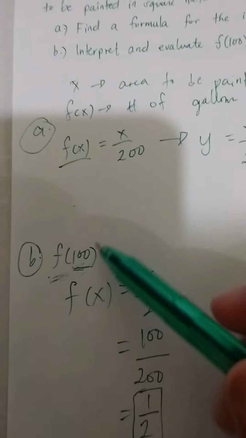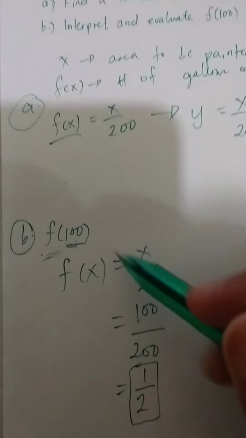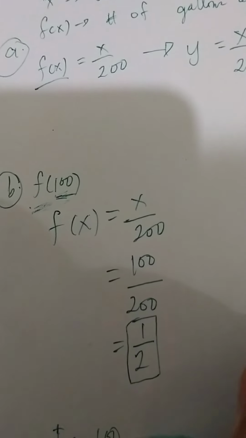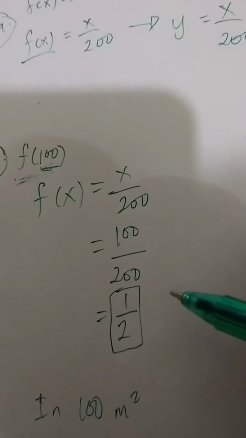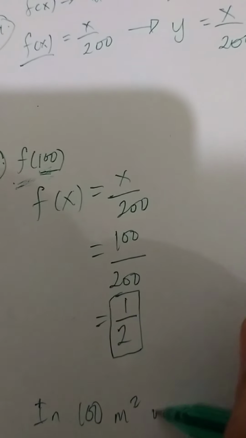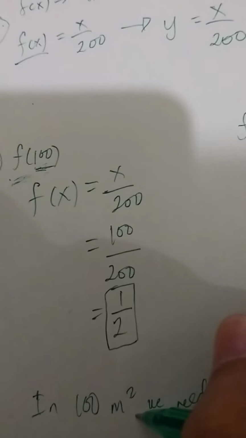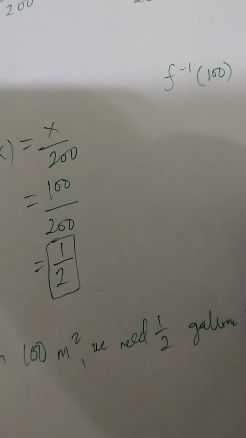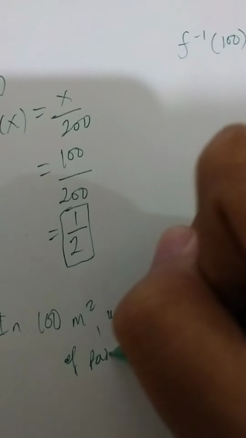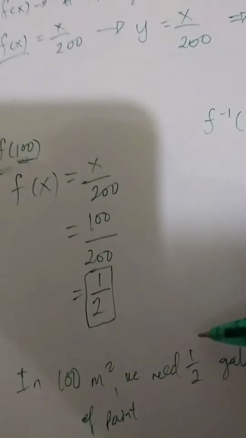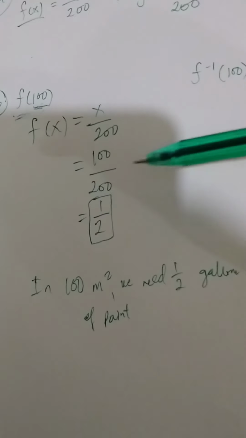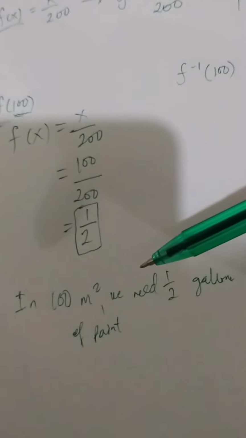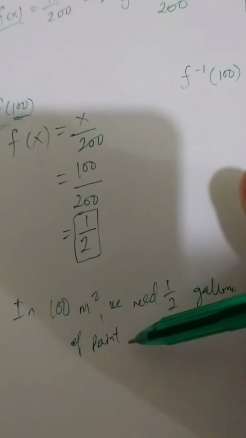If the area is 100 square meters, we need 1/2 gallons of paint, since our output is the number of gallons of paint. Again, in 100 meters squared, we need 1/2 gallons of paint.